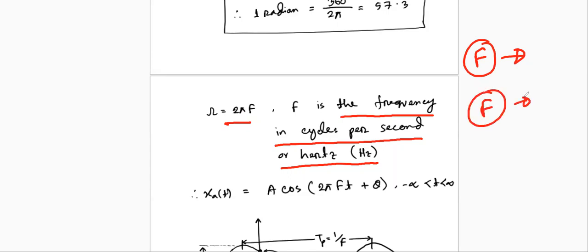But to identify the analog signal, from now on, please mention that this capital F is the analog frequency, or you can say the original frequency. Because in the discrete domain or digital domain, there are some flexibilities of the frequencies. There is no certain original frequency. The digital frequencies are called the relative frequency.